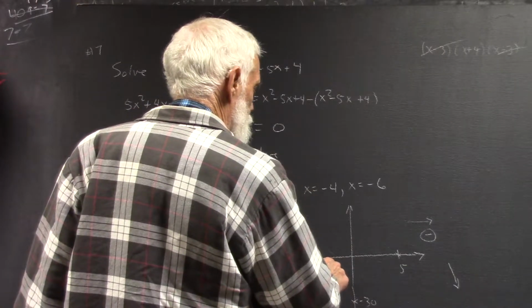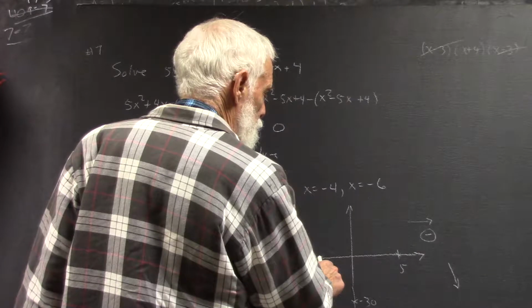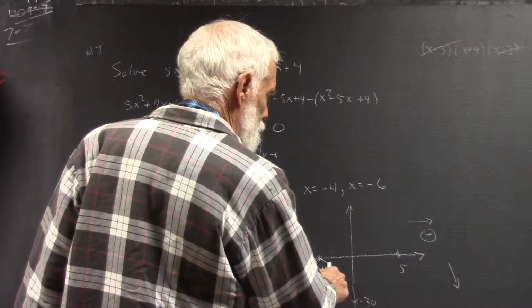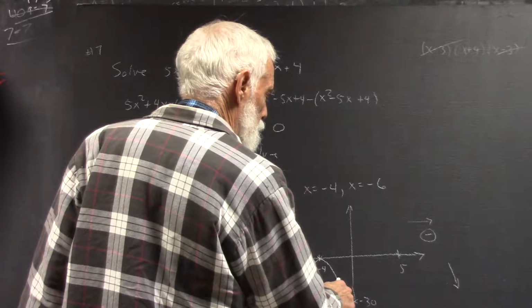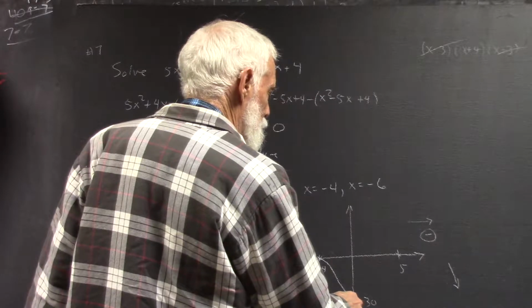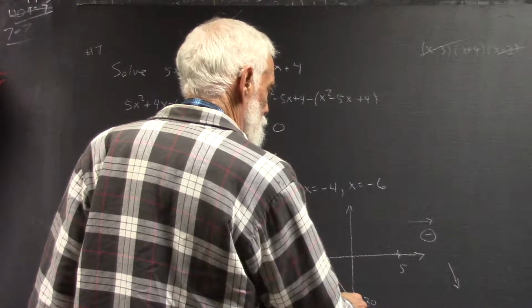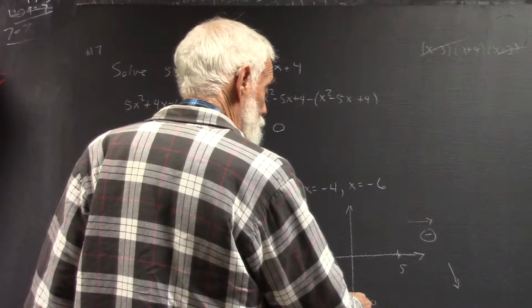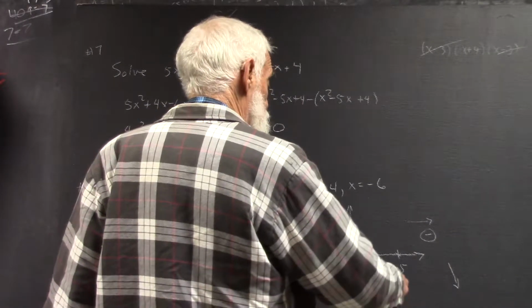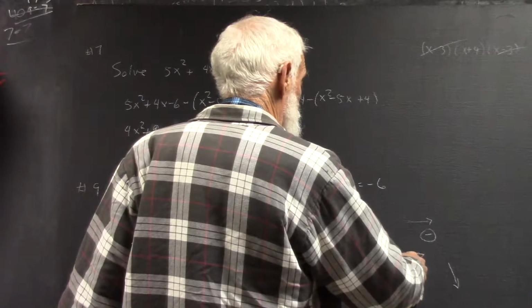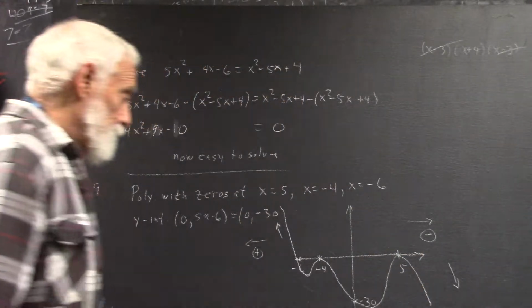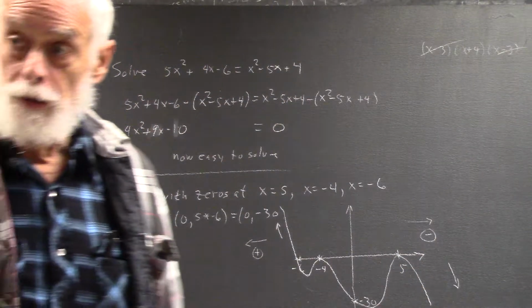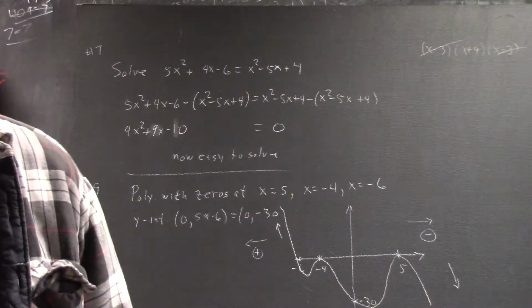I can touch it, just like a little part of a parabola. I come down here, then I've got to come back up here, and I can't go through now that I'm down here. I keep going down a little ways, just avoid that 30, come over here and then down. That's one plausible polynomial.